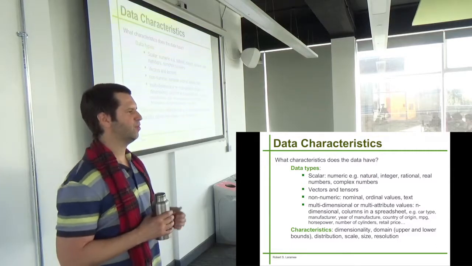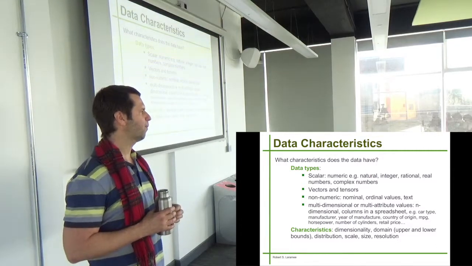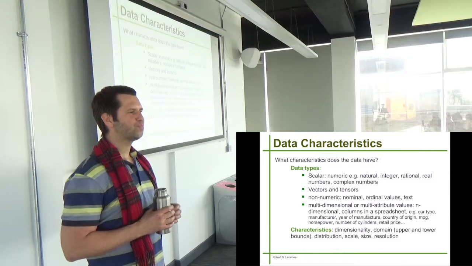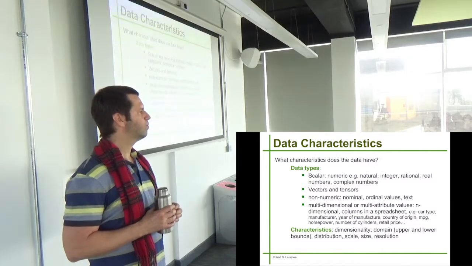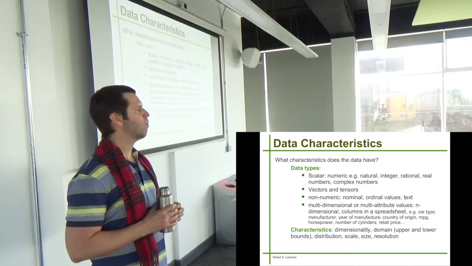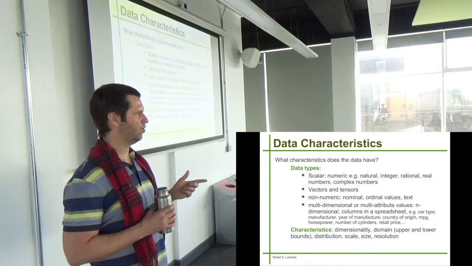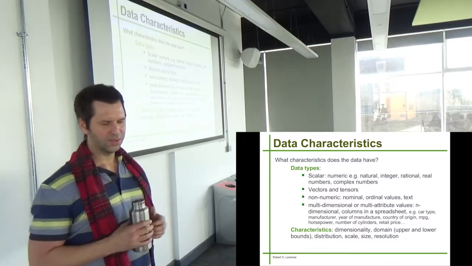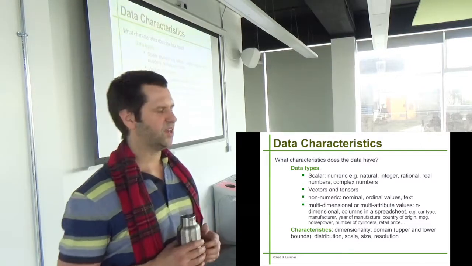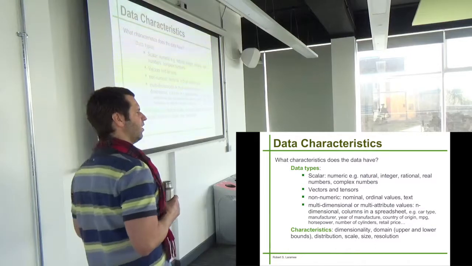Vectors and tensors. Anybody know what a vector is? It's a value of magnitude and direction. Exactly. It has magnitude and direction. How did you know that? Machine learning and big data. Good. Tensors, anybody look at tensor data?